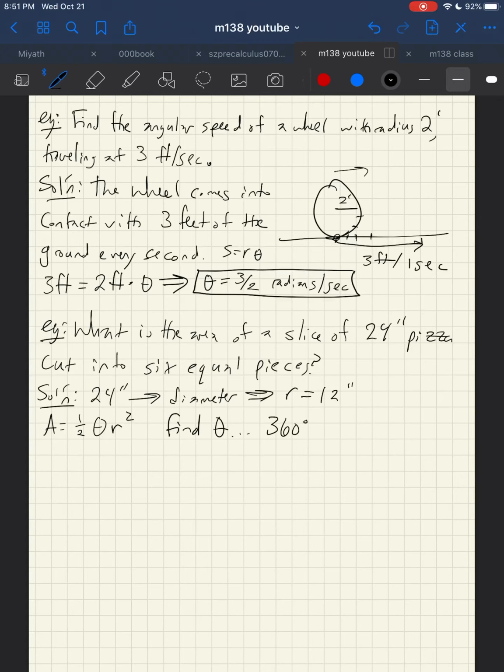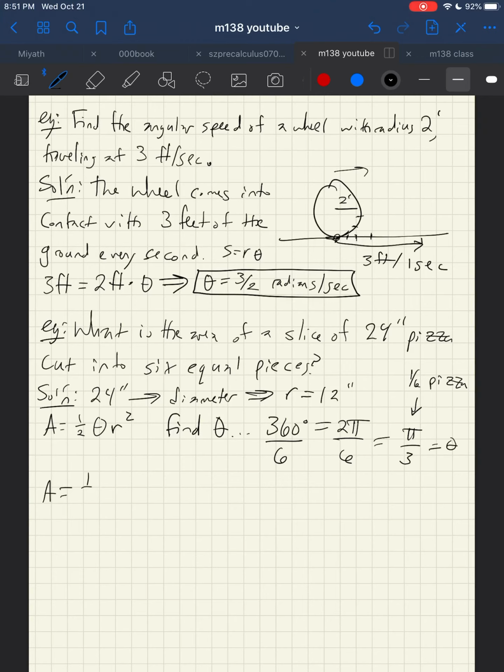If 360 degrees is the whole circle, and that is 2 pi, then I need to divide that by 6. So that would be 60 degrees, or pi over 3, which is 1/6 of the pizza. And these are equal pieces, so it's exactly 1/6. So that's my theta.